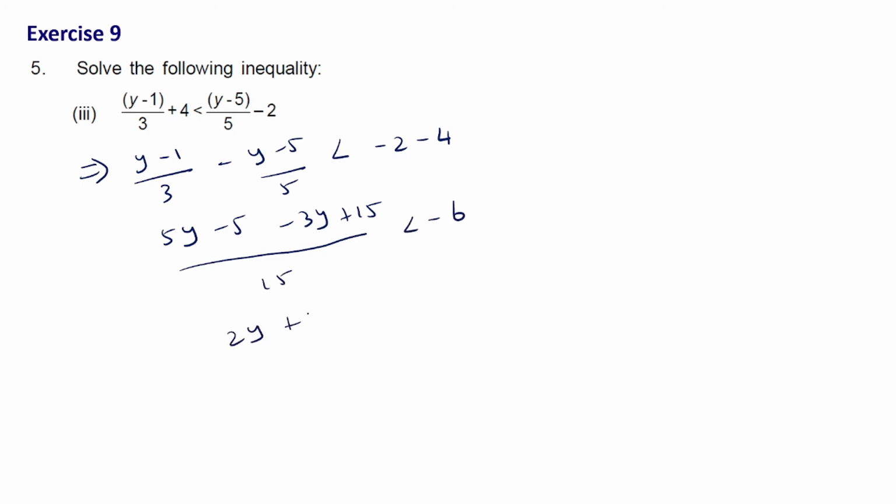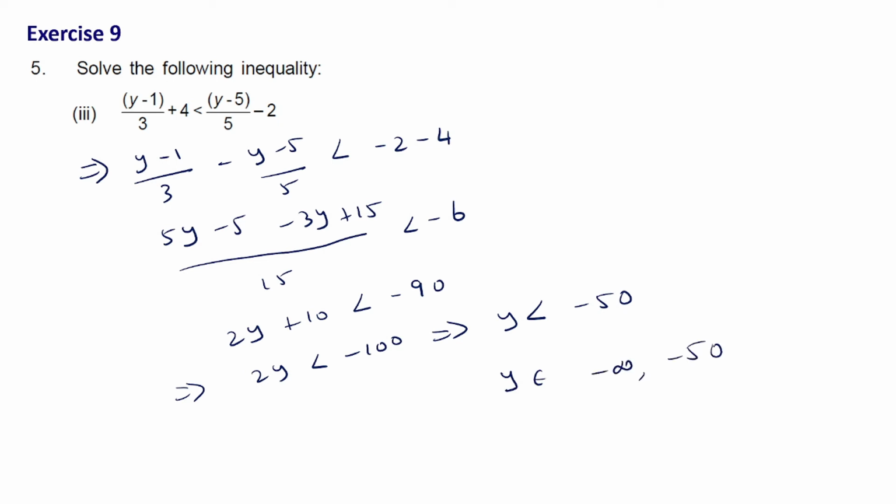Or we have 2y plus 10 is less than minus 90, or we get 2y less than minus 100. So we get y less than minus 50. So y less than minus 50 is also correct, or y belongs to minus infinity comma minus 50. So the answer can be either y less than minus 50 or open interval minus infinity comma minus 50.